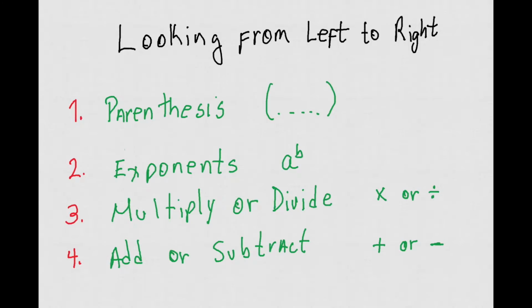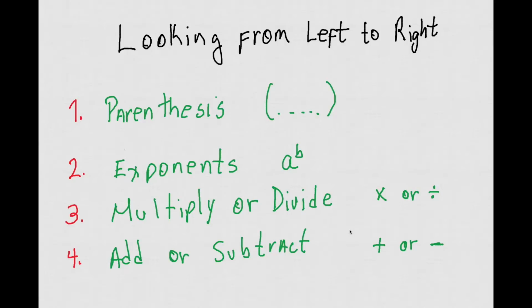While doing these exercises, first you need to see if you have any parentheses. If you do, you need to simplify everything inside of the parentheses. Now, you need to find if you have any exponents. After doing the exponents, if you have any, from left to right you need to see if you have any multiplication or division. If the multiplication comes first, you do the multiplication.